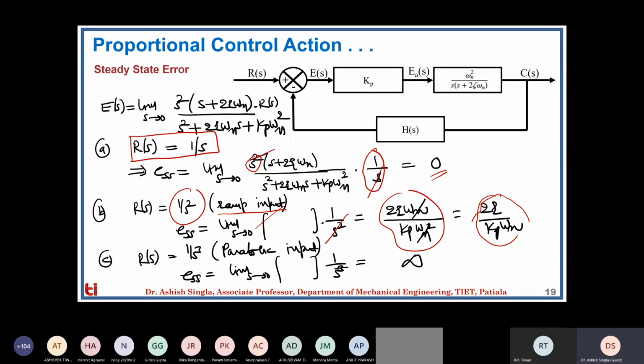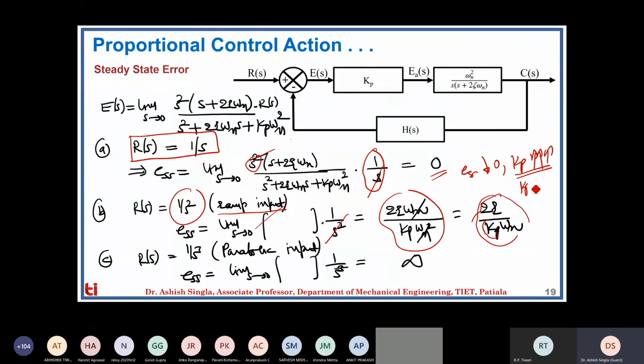a steady state error. So what can we do to reduce the error? We have only one tuning parameter in our hand, that is Kp. So we can increase the value of Kp. If we want the steady state error to go to 0, we have to increase the value of Kp, and on increasing it, the error should keep coming down.